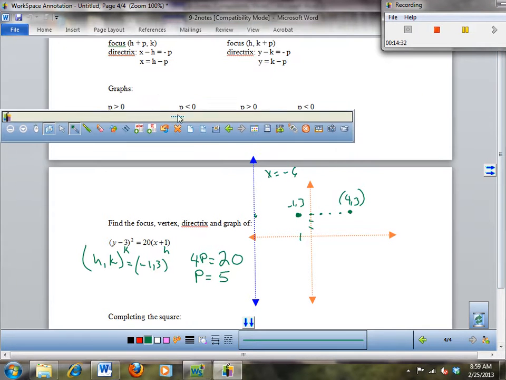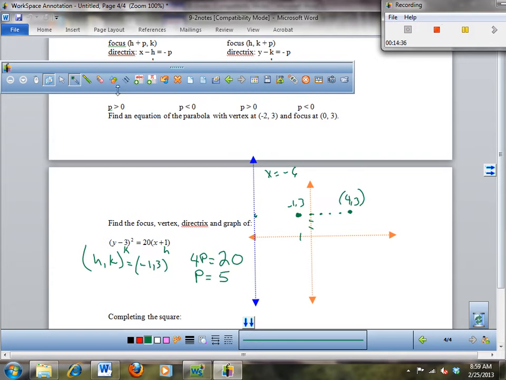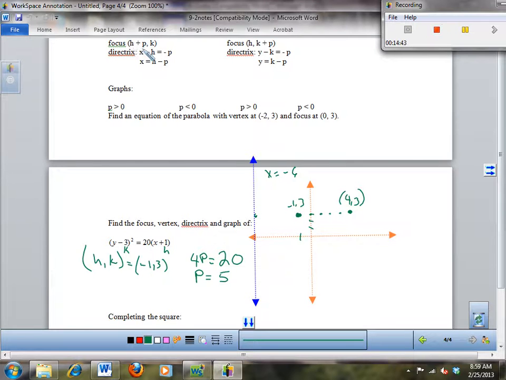For the focus, all I did was add p to h to find the x coordinate of the focus, and for the directrix I subtracted p from h to get the equation of the directrix.